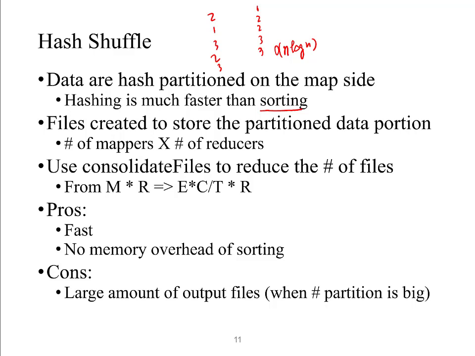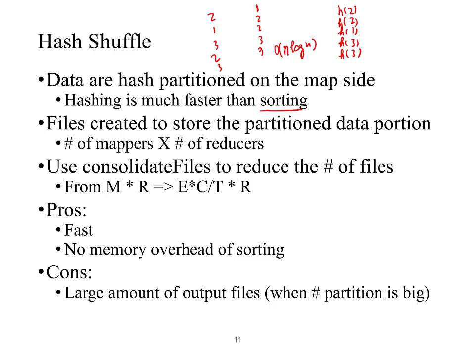On the other hand, if we use hashing, we may not have this exact order, but we have the hash value of each key, and we do have the property that if two keys are the same, the hash value would be the same, and if the keys are not the same, then with high probability the hash value will not be the same.